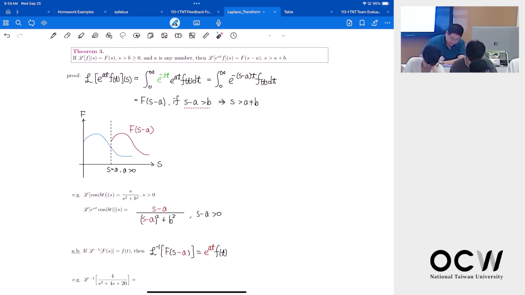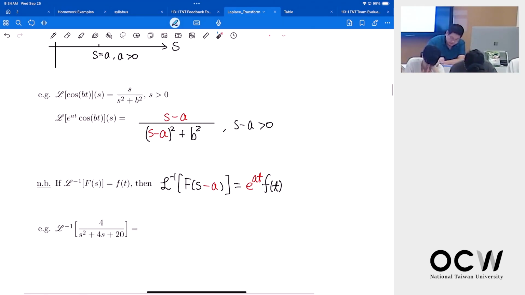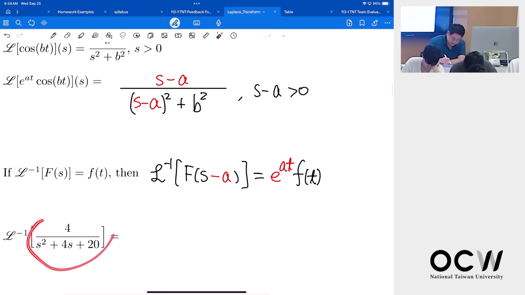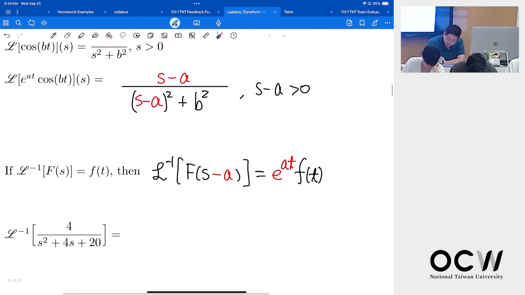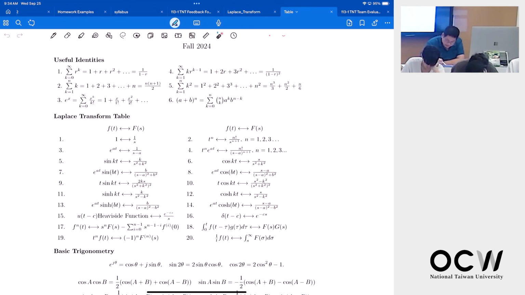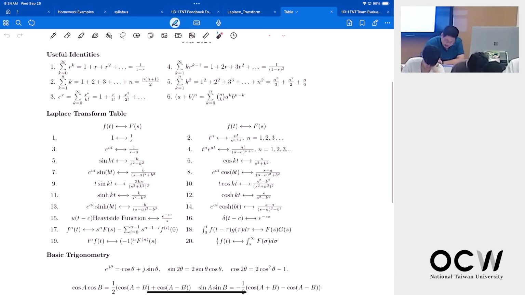Next one, I want to find the inverse Laplace transform of this fraction. Okay. First, we need to check any form that we have. We have s squared in the denominator, so those might be the candidates.